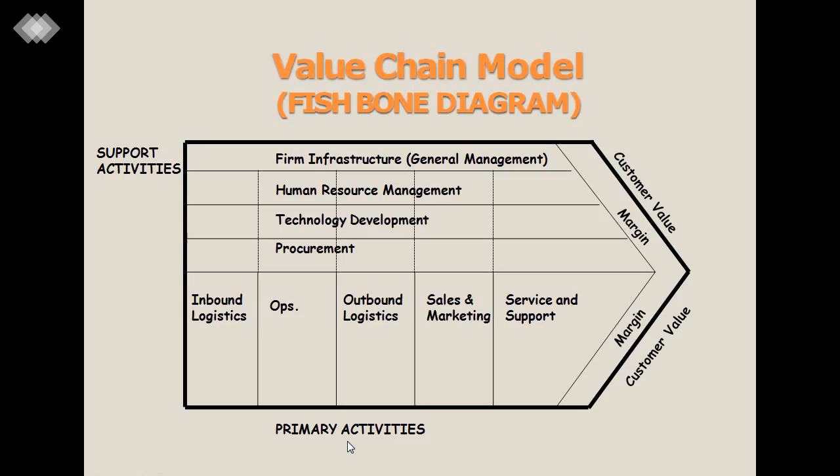The support activities are general management, HRM, technology development, and procurement, which relate to customer value. The primary activities also relate to customer value, and include inbound logistics, operations, outbound logistics, sales and marketing, and service and support.